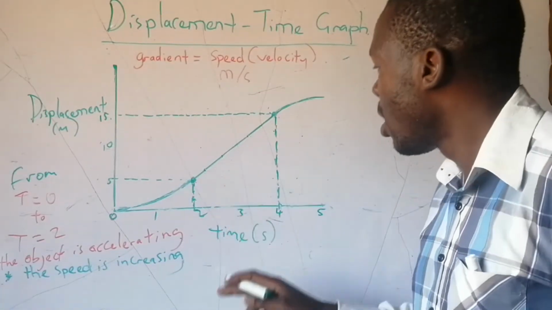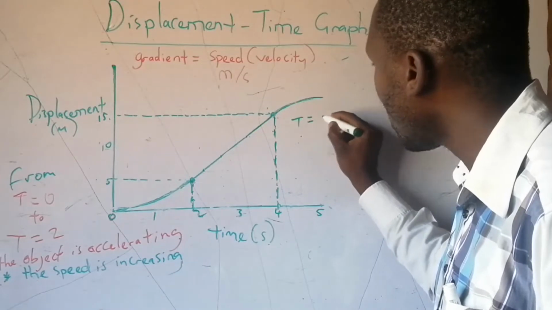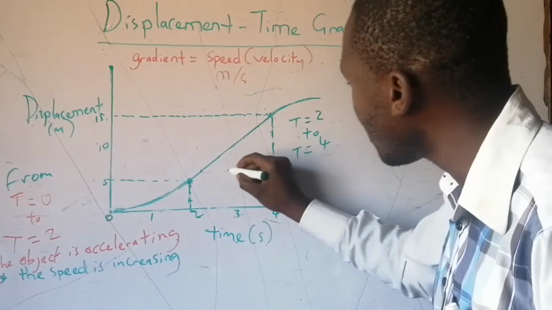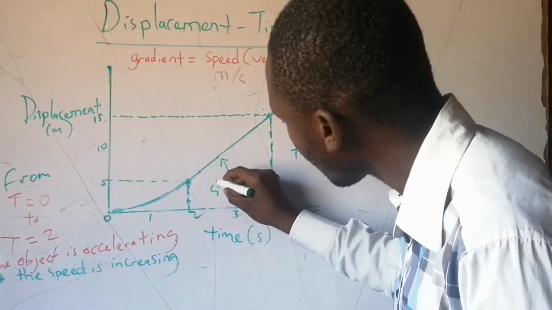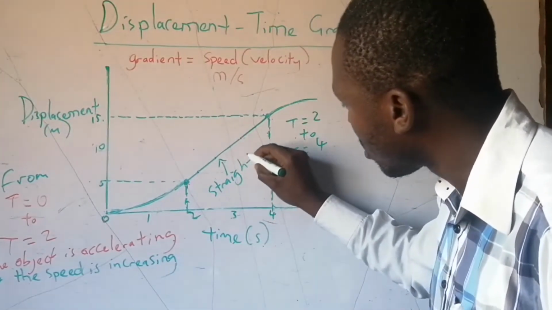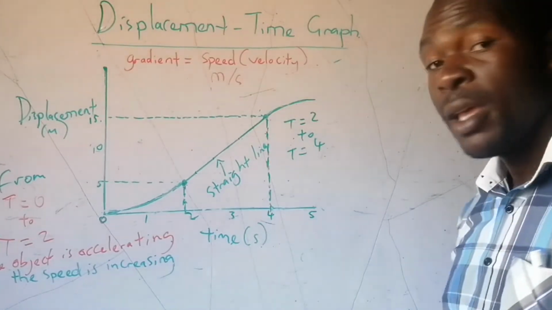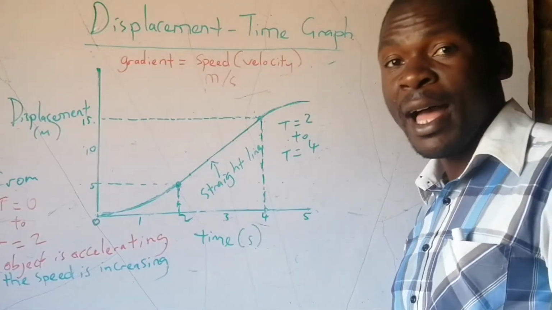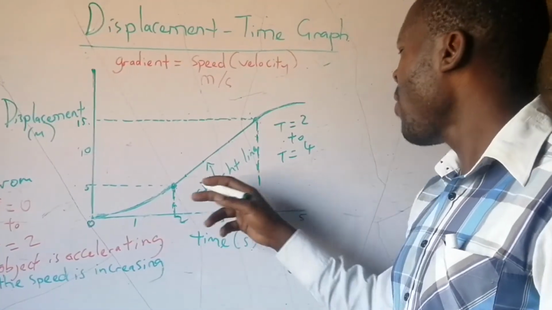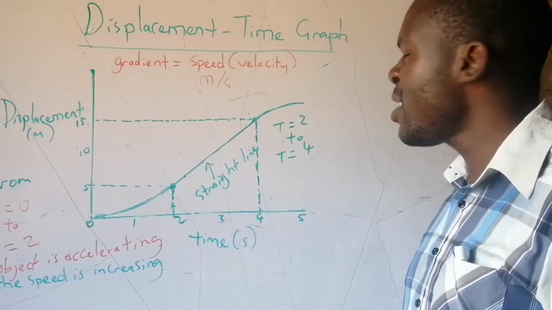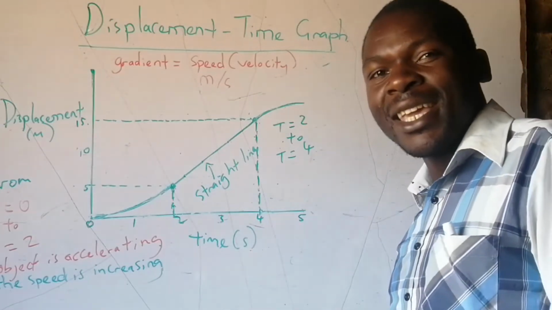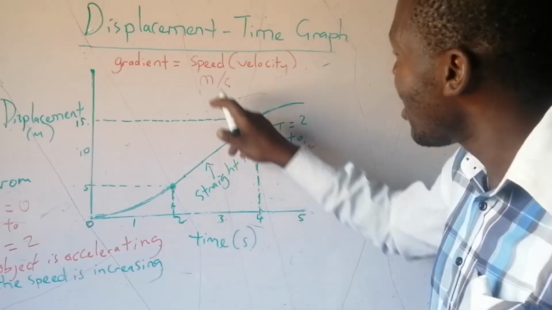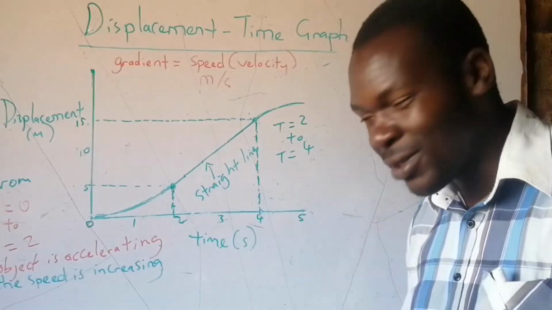Now let us consider from t is equal to 2 to t is equal to 4. We can see that we have a straight line here. If we have a straight line, what does that mean in terms of the gradient? It means that the gradient is constant. This means that the speed is constant.